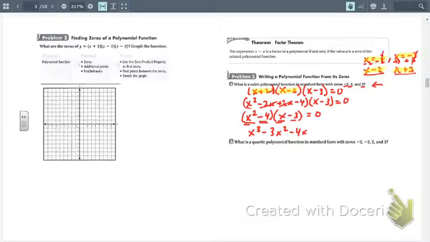And then a negative 4 times a negative 3 is a positive 12, equaling 0. And so here is our resulting polynomial. And again, we came up with that just by knowing what the 3 zeros were.